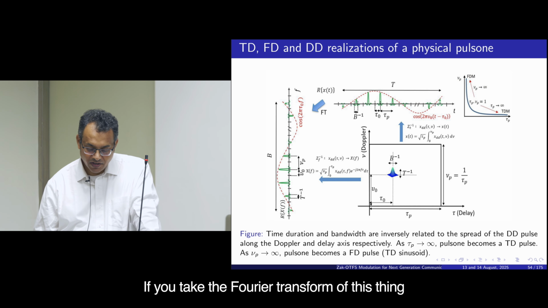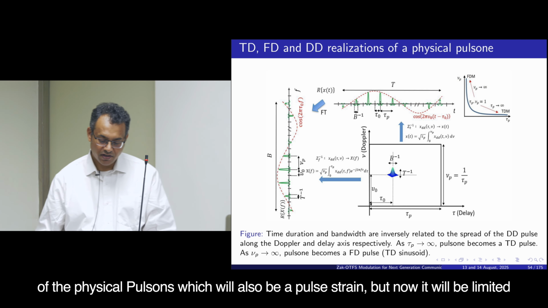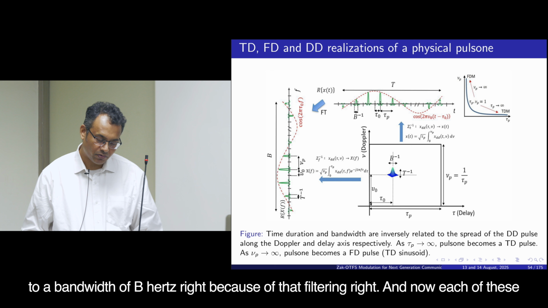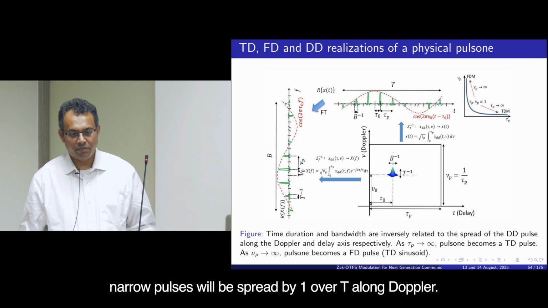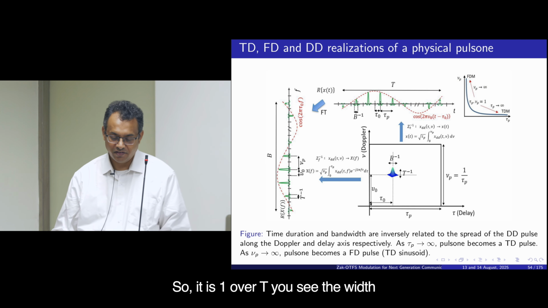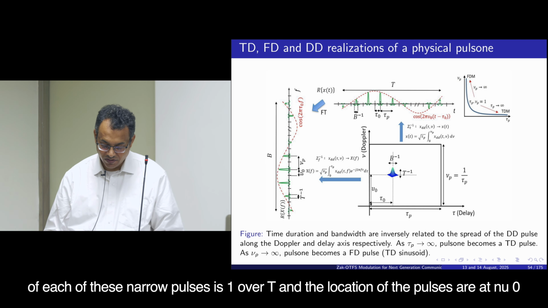If you take the Fourier transform of this thing, then you get the frequency domain realization of the physical pulse-on, which will also be a pulse train, but now it will be limited to a bandwidth of B hertz, right, because of that filtering, right. And now each of these narrow pulses will be spread by 1 over T along Doppler. So, you see the width of each of these narrow pulses is 1 over T.